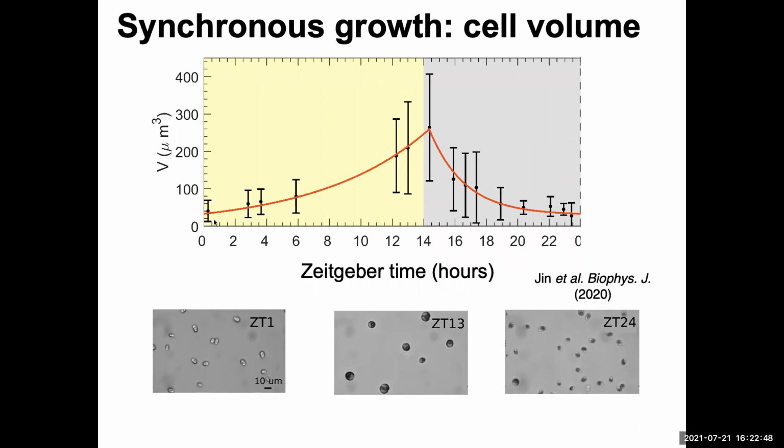So this is a plot of the volume of the Chlamydomonas cells as a function of time. And the volume grows, and then it reduces as the cells divide, and so forth.